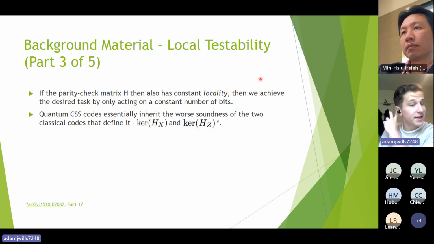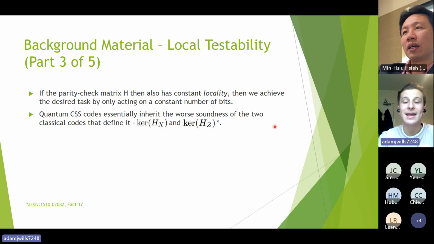So what is the notion of soundness in the quantum case? Well, there is a whole notion of local testability in the quantum case for any quantum error correcting code, and it's far more involved. It specializes somewhat to the case of stabilizer codes, and then it specializes even further to the case of CSS codes.